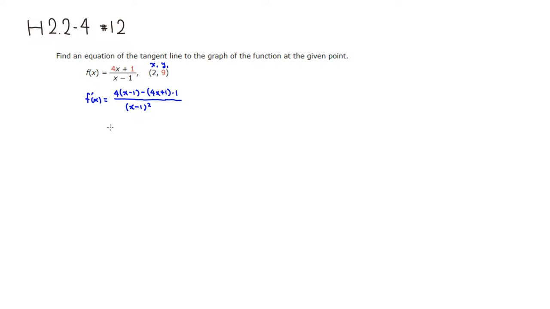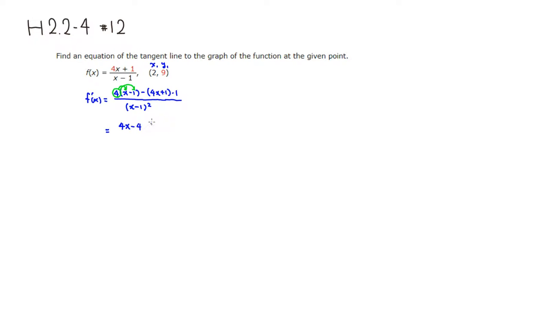If you clean this up, I'm going to go ahead and distribute 4 to x and negative 1. So we should get 4x minus 4.